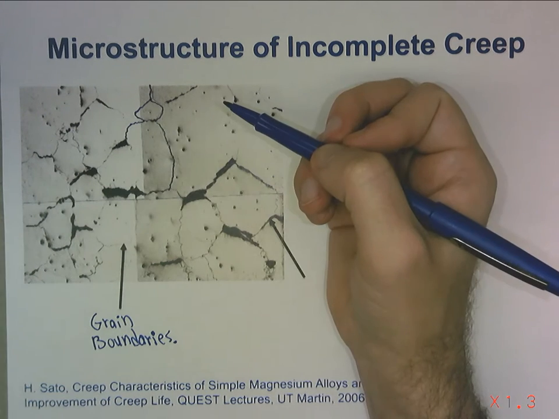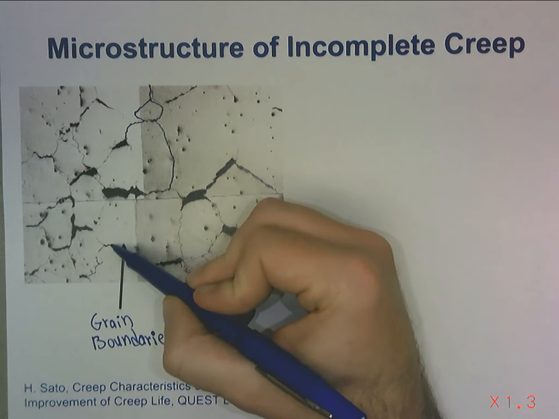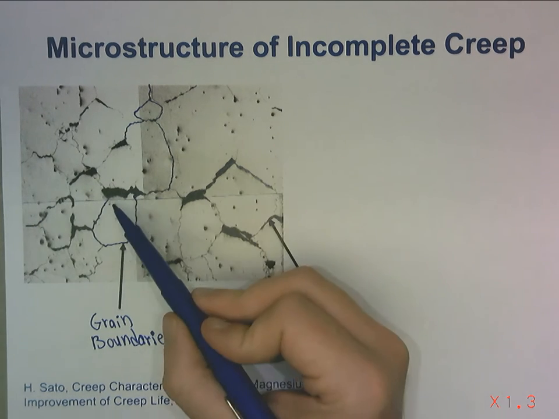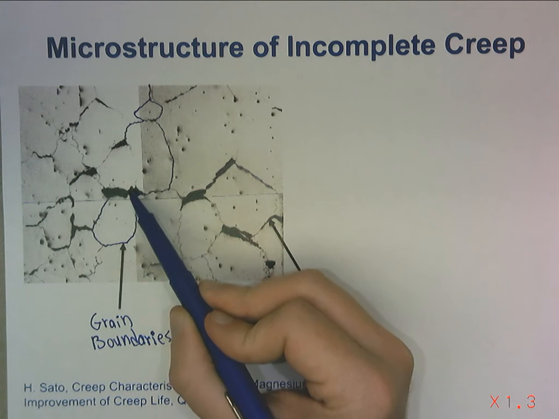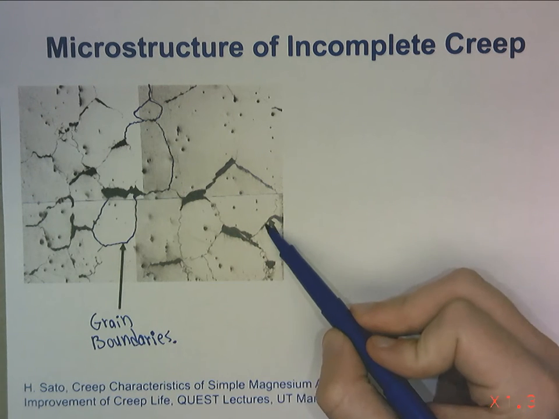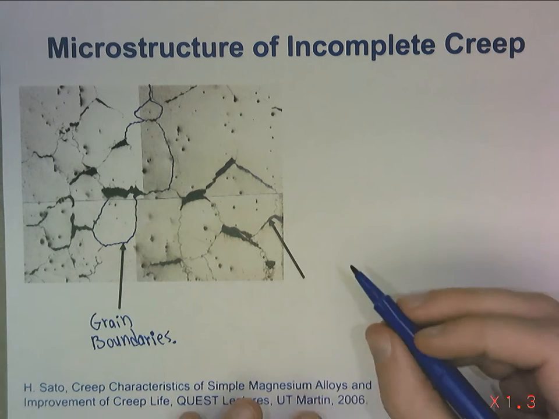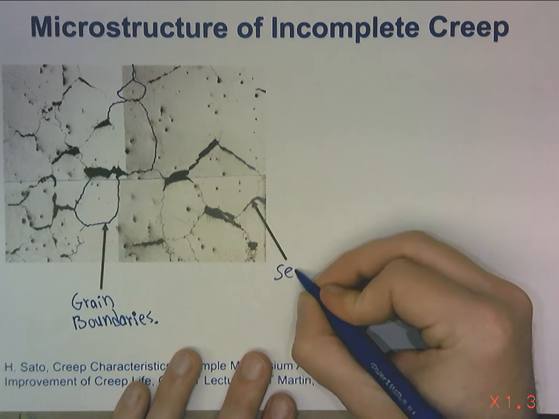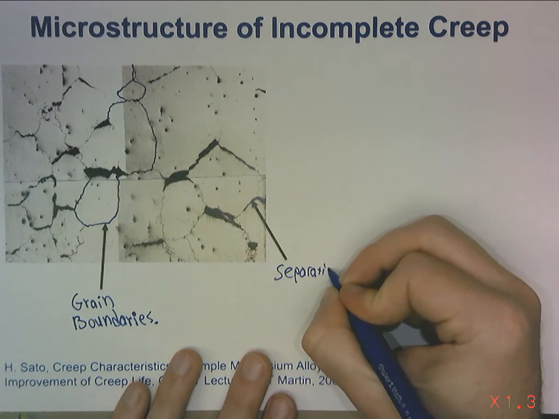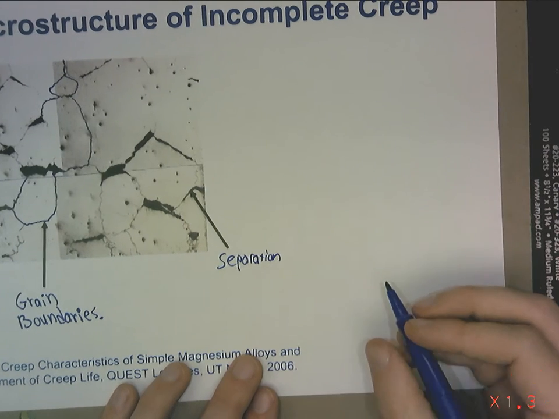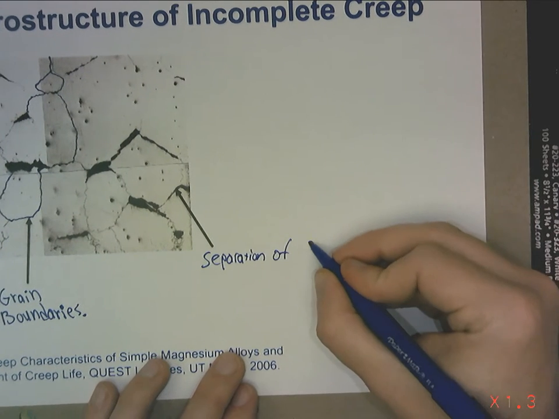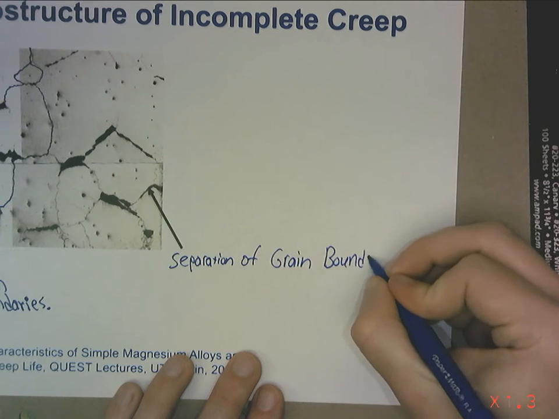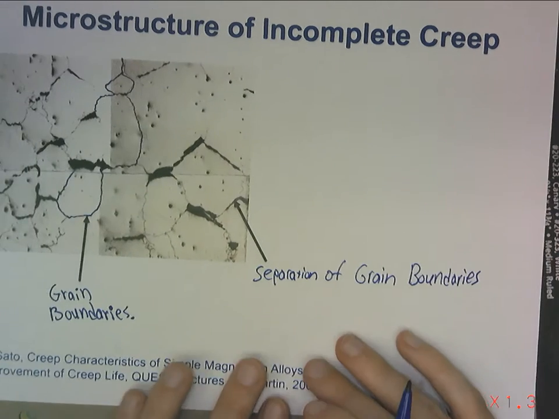Along some of the grain boundaries, like here and along here, we have separation of grain boundaries.